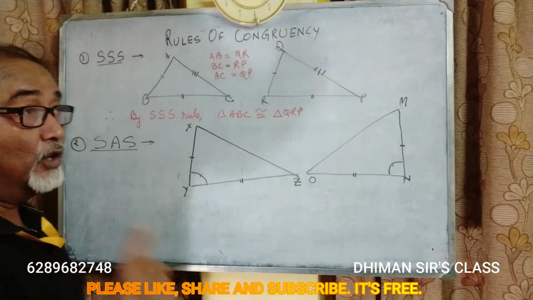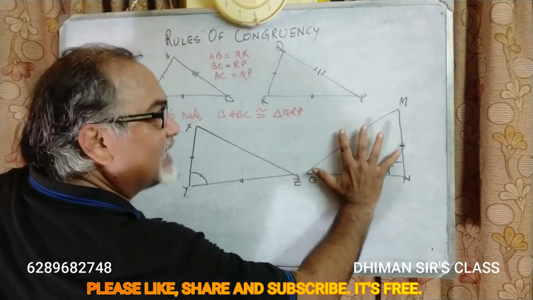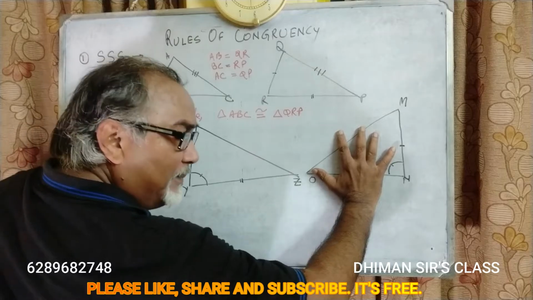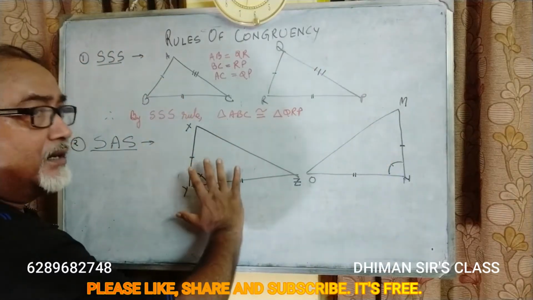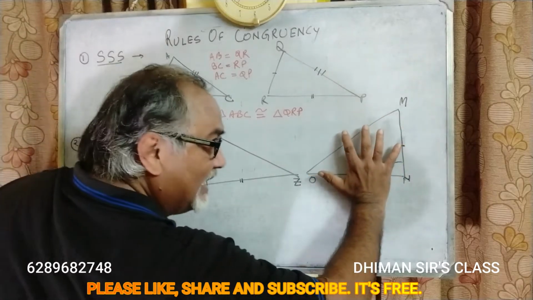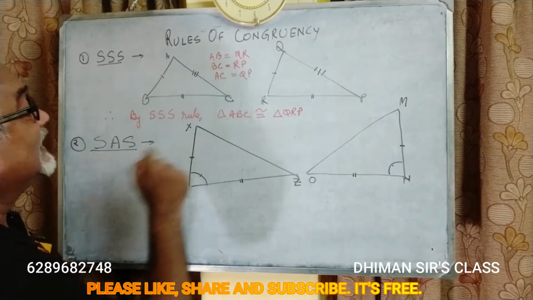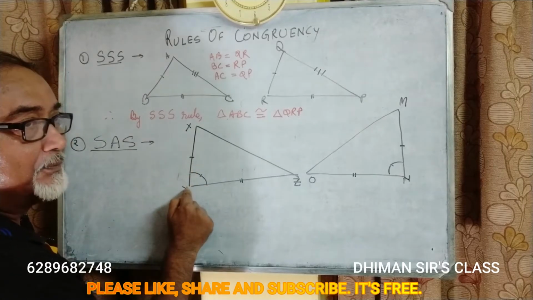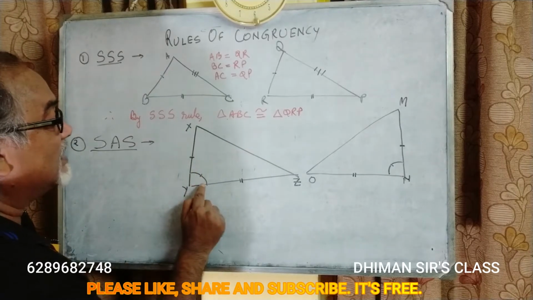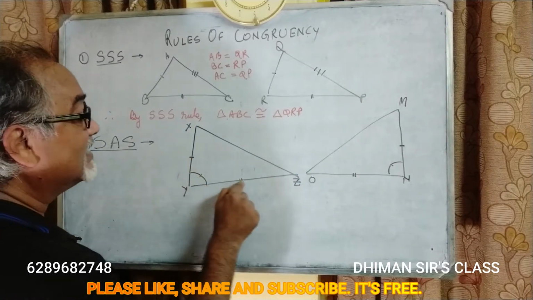In that case, as I told you, forget any one of the triangles. Forget this triangle, for example. I am assuming that I am not seeing this triangle, I am seeing this triangle. Here, see, one side is marked, then the angle is marked, and the side is marked. So side, angle, side.